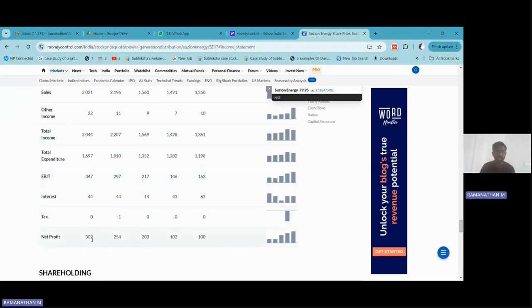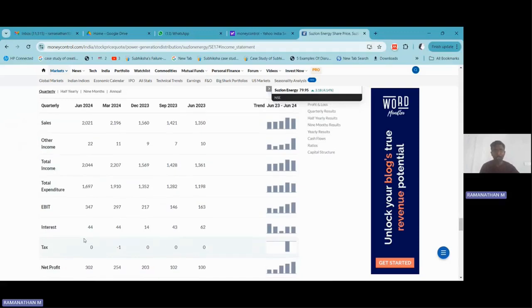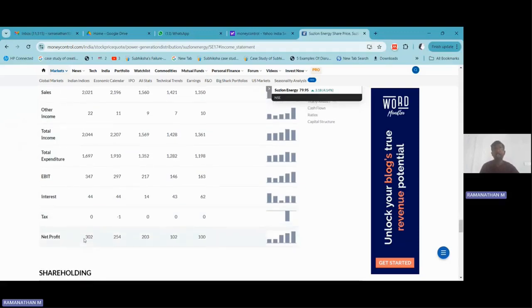So net profit is 302. If you keep seeing 100, 102, 203, 253, 300, then Suzlon Energy is performing well. And if you take every 3 months, it's performing fine.